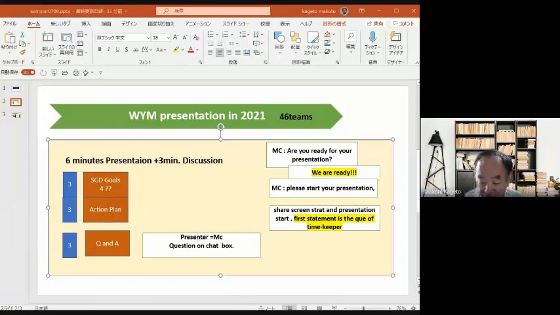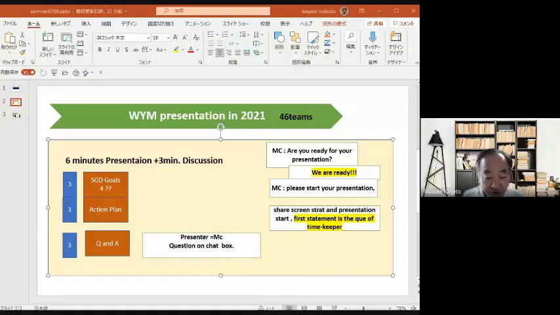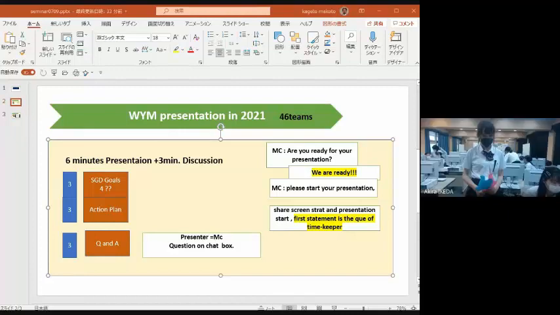Anyway, so 6 minutes of presentation, and you have to show the action plan at the end of your presentation. After you finish your presentation, you have to manage the Q&A by your group.